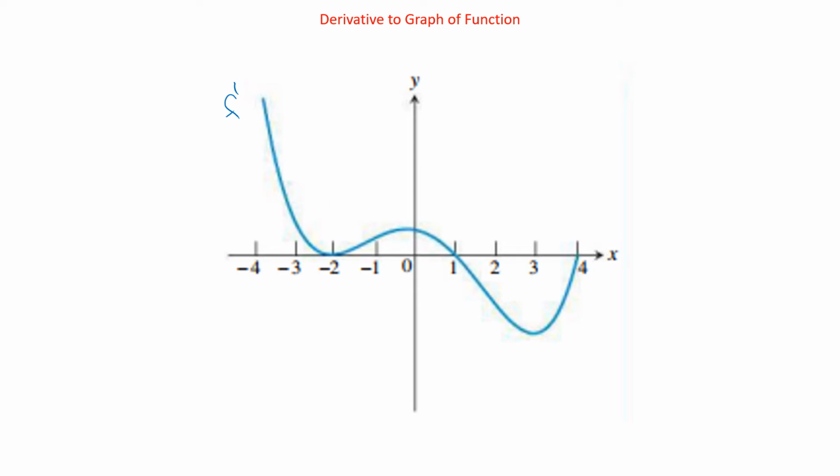We know from -4 to -2, the slope is positive going to 0. I don't know where I'm starting, it doesn't matter. Starting at -4, going to -2, the slope is positive, and then we level off to 0. And then from -2 to 1, the slope is positive, and we level off to 0.